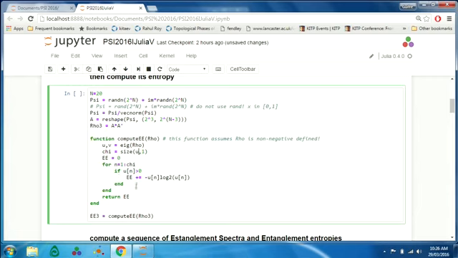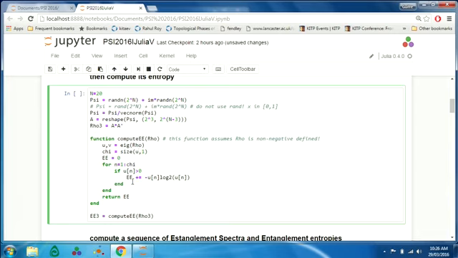We loop and add from each eigenvalue of the density matrix its contribution to the entropy, as given by minus the eigenvalue times log 2 of the eigenvalue. And we do this only for positive entries, because if there was a 0 here, then 0 log 0 would complain. The log of 0 is minus infinity.